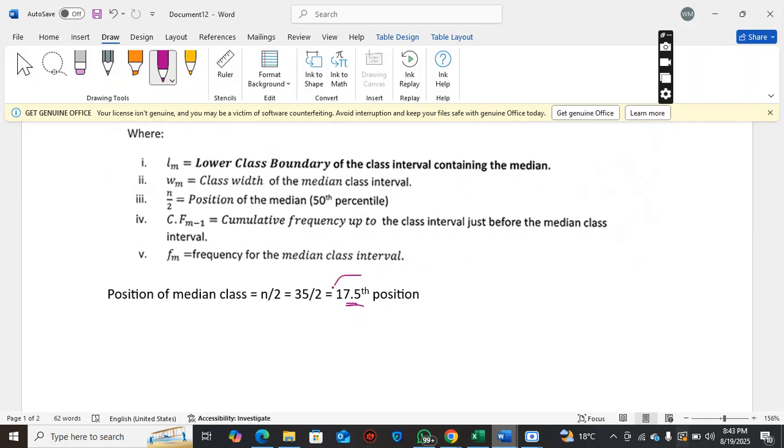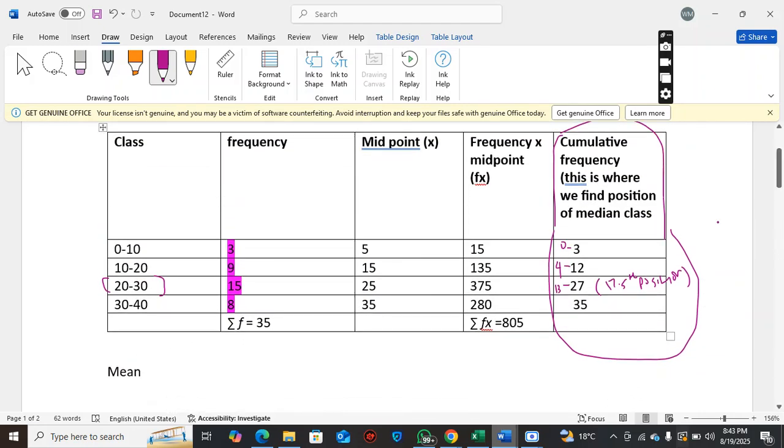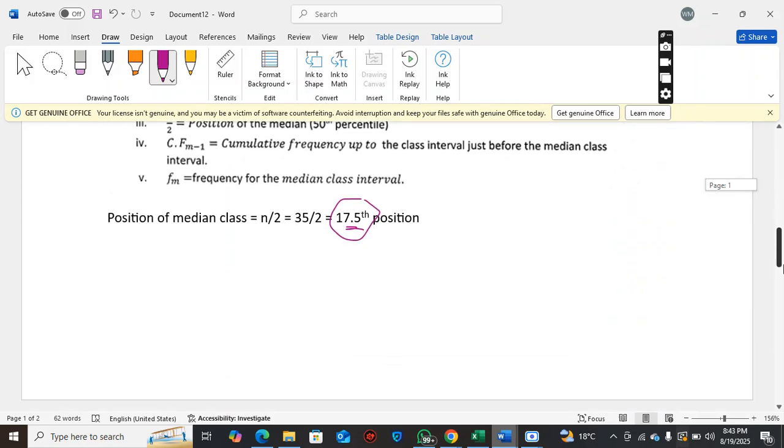And this 17.5 in our cumulative frequency column, we found it here in the third class. So our median class, we've determined it now. Our median class is 20 to 30.